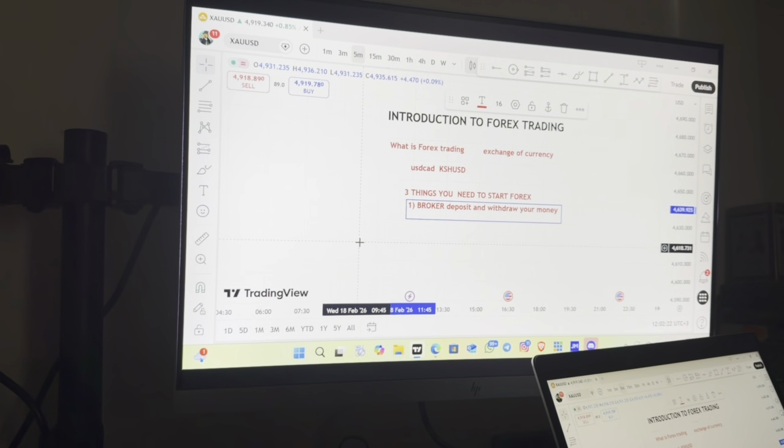In a broker, there are few things you need to understand. One of the major things is called leverage. You must understand, the higher the leverage, the higher the risk, and vice versa.